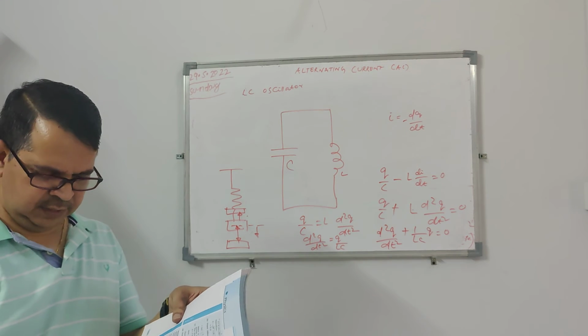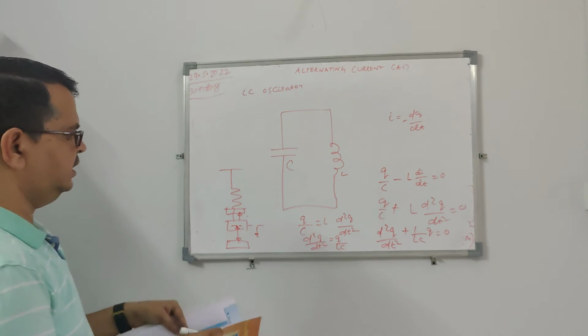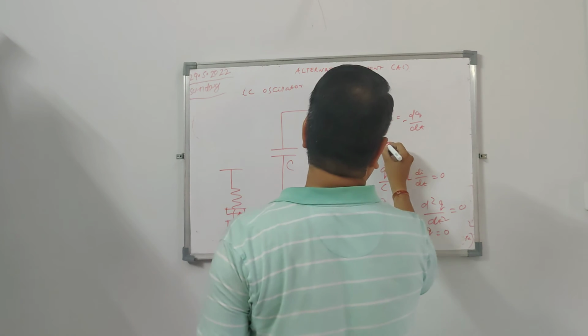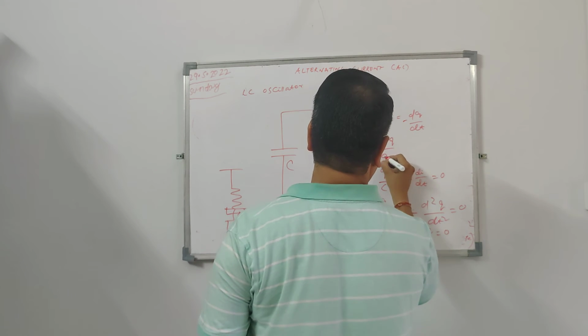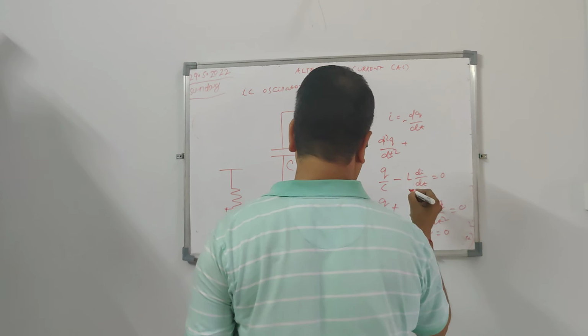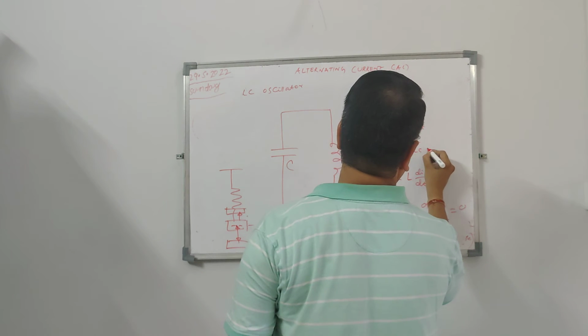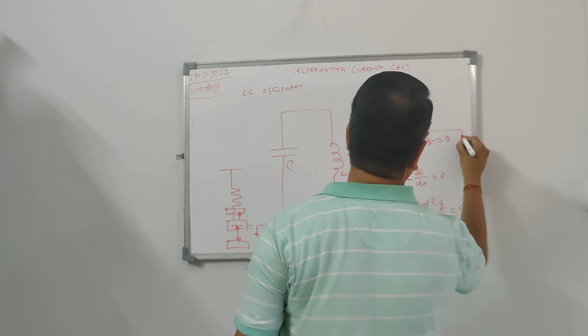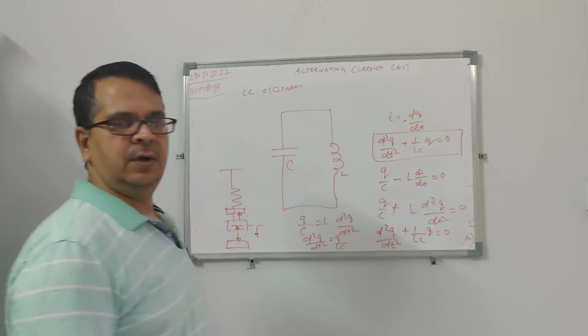That's how it happens in the oscillator. So d square q by dt square plus 1 by LC q is equal to 0. This is the governing equation for an oscillator.